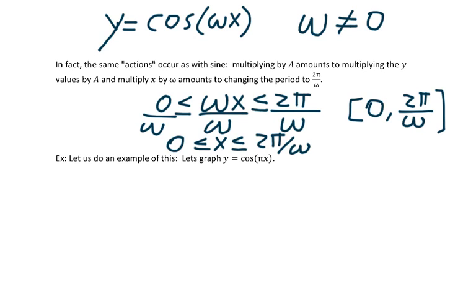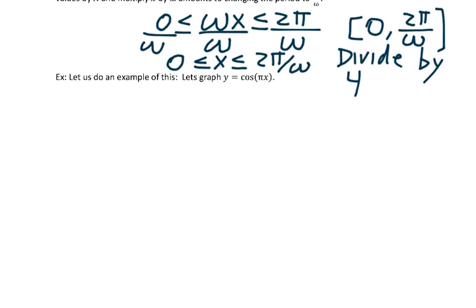And also, just like with sine, you divide by 4 to get the important x values. So you divide by 4 to figure out what x values on the x-axis you label when graphing it. Okay, so as a quick example, let's just do cosine of pi times x.